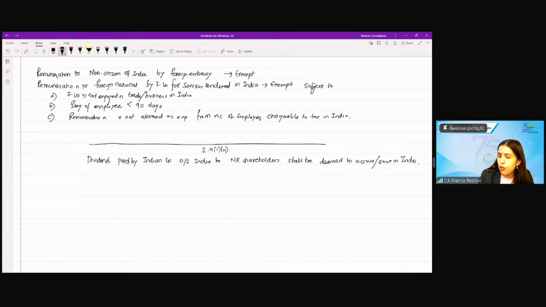What is the tax rate of dividend, students? Let us discuss now what is the tax rate of dividend. Which section do we have for the tax rate? Section 115A. Section 115A talks about the tax rate.